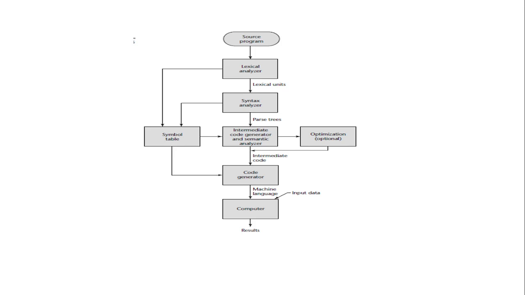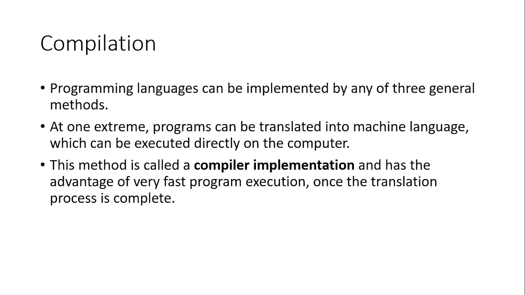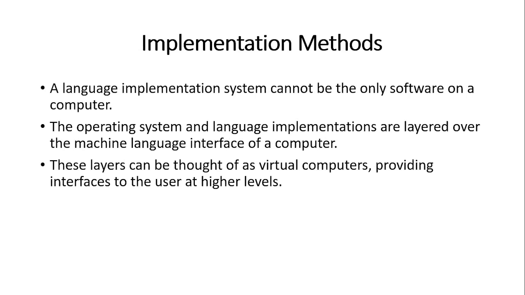Before coming to this, let's see the implementation systems of the first high-level programming languages, which were among the most complex system software of that time, in the late 1950s.